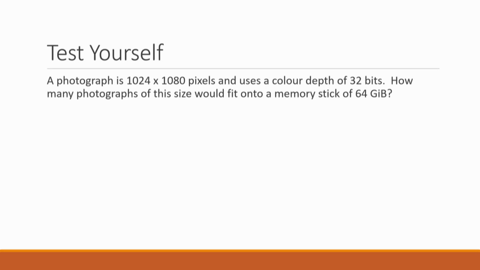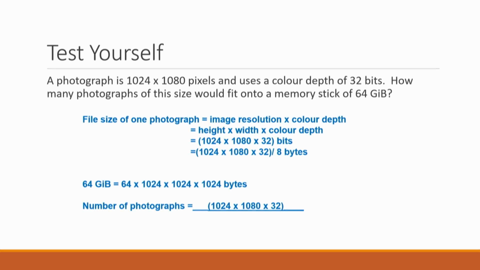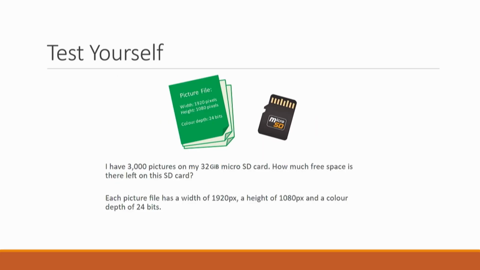How many photographs of this size would fit onto a memory stick of 64 gigabytes? The answer is 15,534. Are you up for a challenge? Solve this last question on image file size.